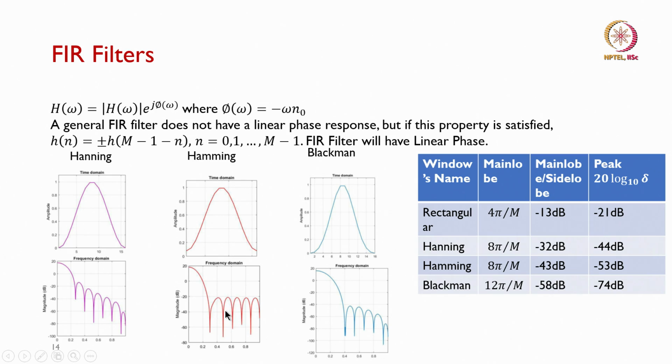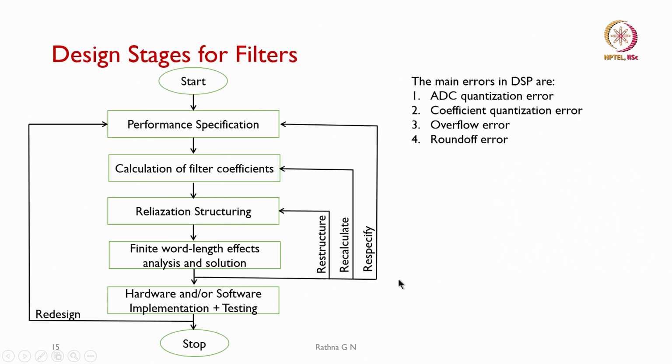When the main lobe is narrow, you will see peak side lobes, and then you have to compromise on one of them.